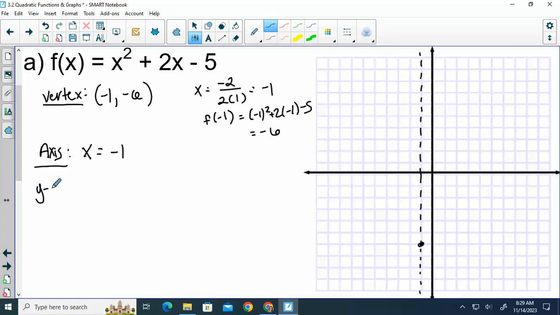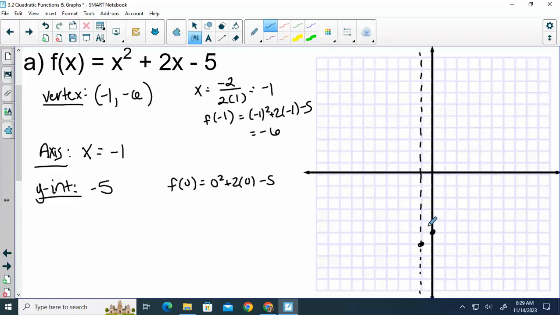Right, we need more points, so an easy one is the y-intercept. If you plug in 0 for all of your x's, we get the y-axis at -5.